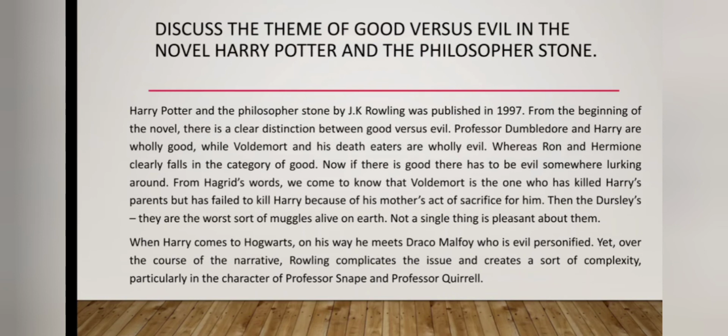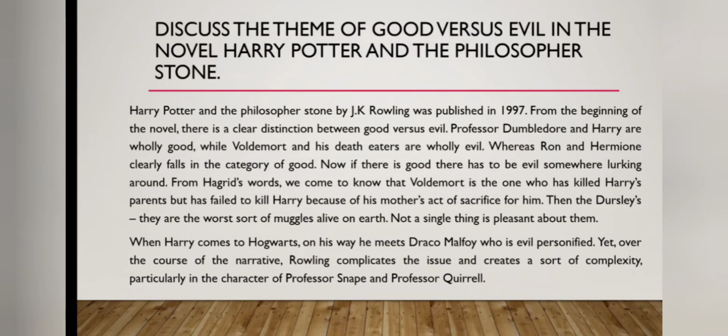Yet over the course of the narrative, Rowling complicates the issues and creates a sort of complexity, particularly in the character of Professor Snape and Professor Quirrell. So the novel Harry Potter and the Philosopher's Stone gives us a clear distinction between good versus evil. Professor Dumbledore, Professor McGonagall, Hagrid, Harry, Ron, Hermione all fall in the category of good, whereas Voldemort and his Death Eaters fall in the category of bad.